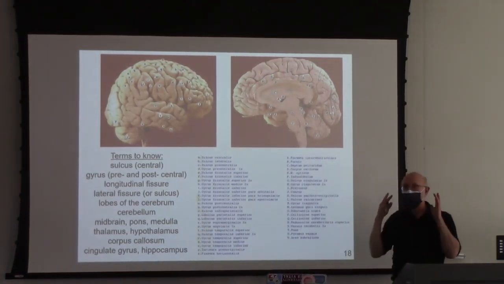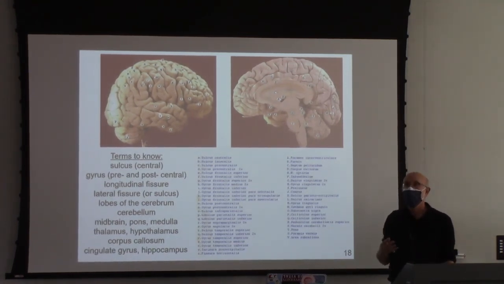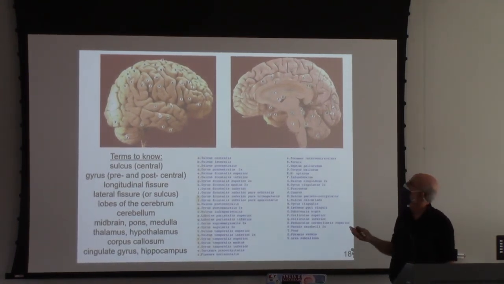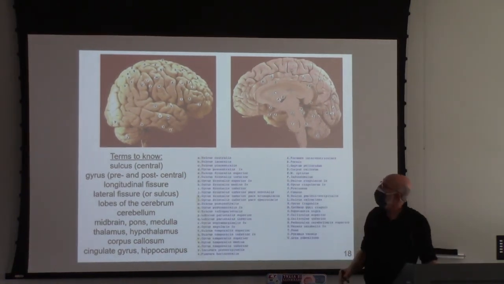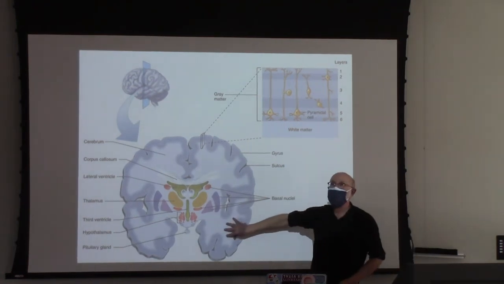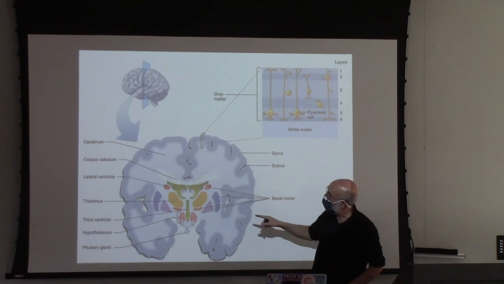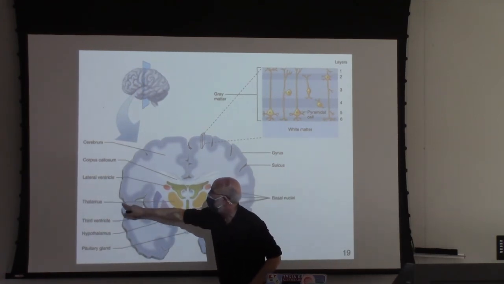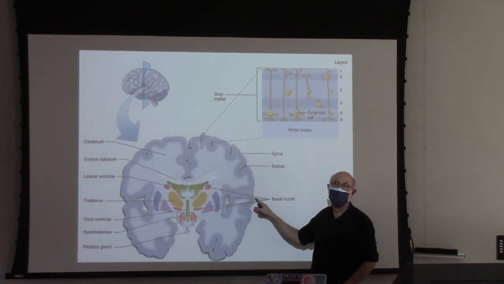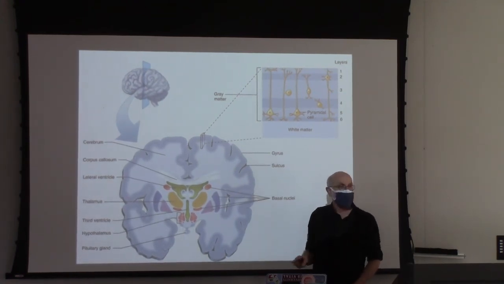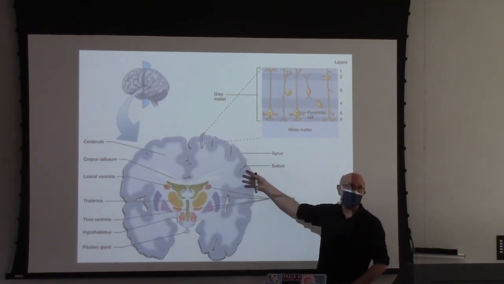You're going to have to start to see three-dimensional objects in two-dimensional sections: the temporal lobe from the side, the temporal lobe cut in a coronal section. What's the name of this sulcus right here and this sulcus right here? The lateral sulcus, the sulcus that separates the temporal lobe from either the parietal or the frontal lobe.